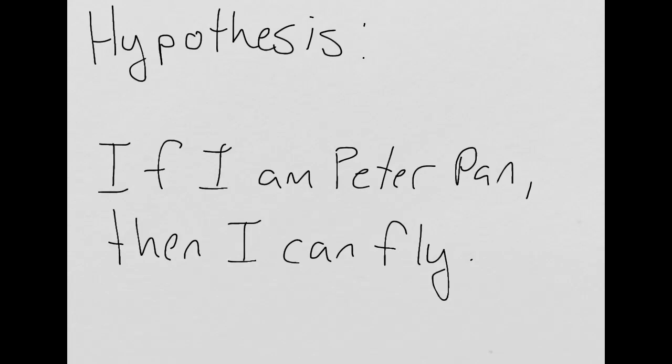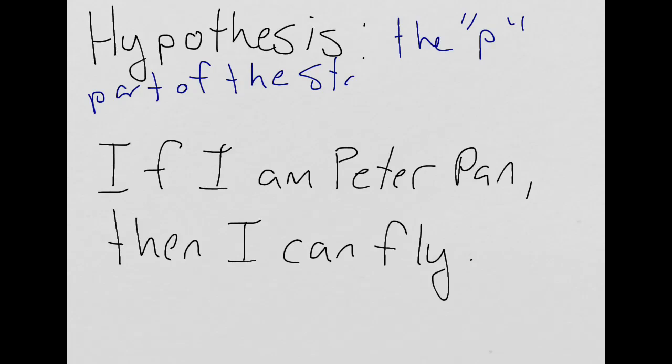Let's go ahead and look at the parts of a conditional statement. We had the notation if P, then Q. The first part of a conditional statement is going to be the hypothesis, and that is the P part of the statement. It follows "if" in the statement.